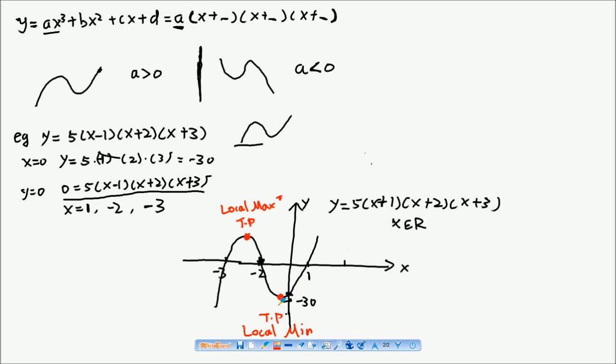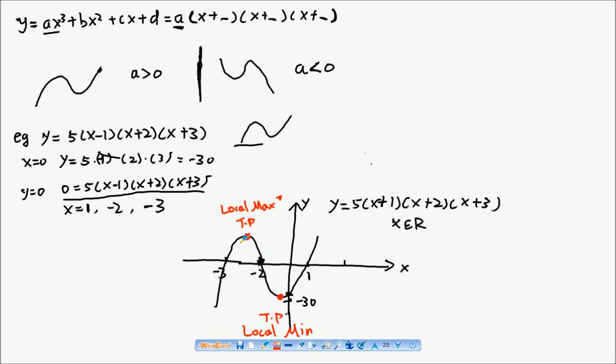Okay, same reason it is local, because this turning point is not the minimum point of the graph. The minimum point of the graph lies somewhere there. When x decreases to minus infinity, your y value should be minus infinity, and somewhere there is your minimum point on the graph.